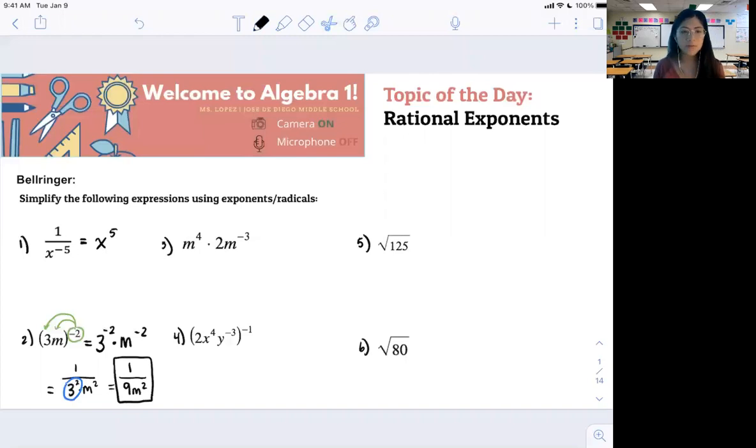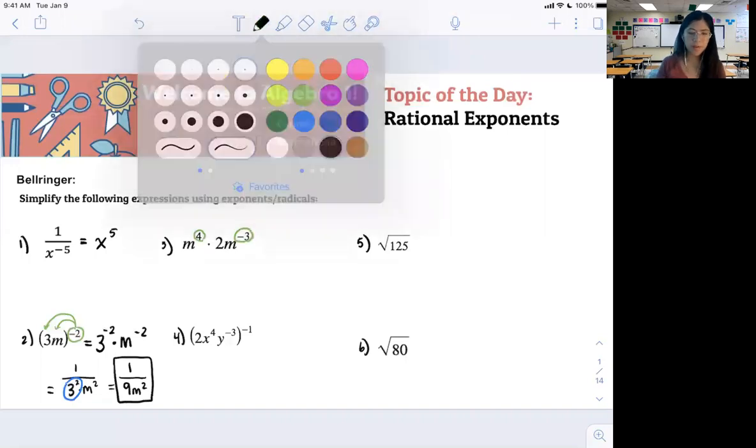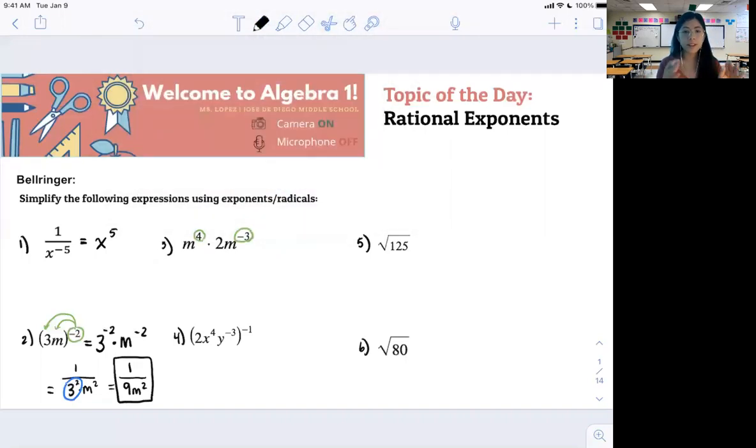I've got a couple of m's, and since they have the same base, what can I do to their exponents? Add. Good, we can add these exponents. Now I'm going to rewrite this problem just so you can see exactly why I can do this.